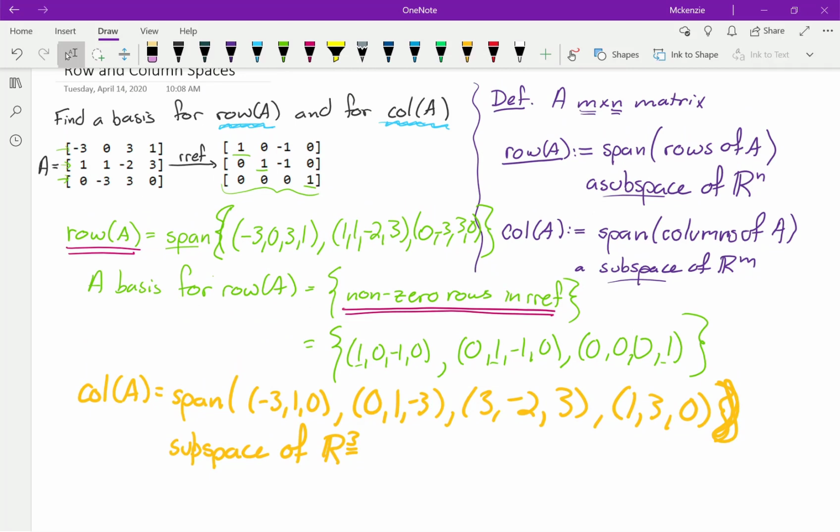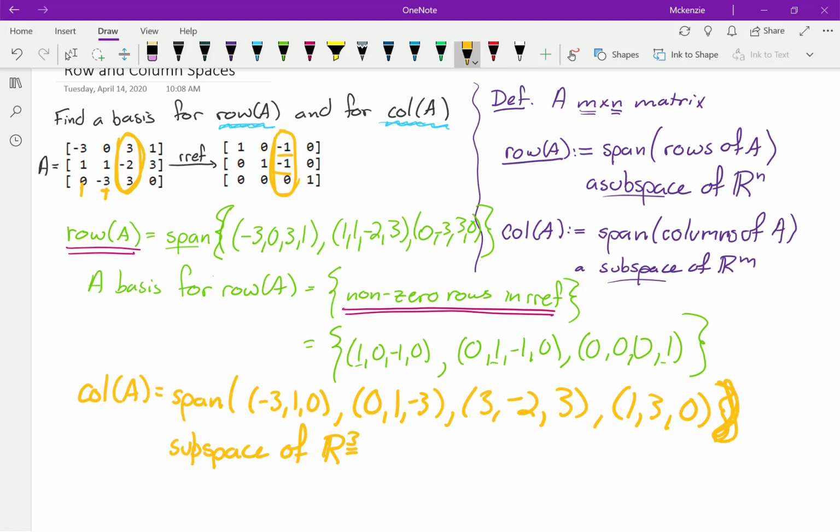Well, one way that we can do that is to notice what our reduced row echelon form tells us. Let me erase all our row space stuff. The reduced row echelon form tells us that this third column, here we have the reduced version and the original, is -1 times the first column plus -1 times the second column, and that's how we get the third.